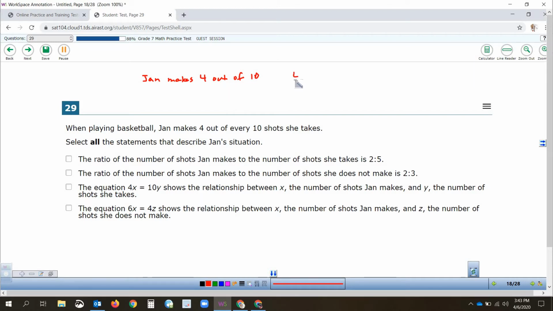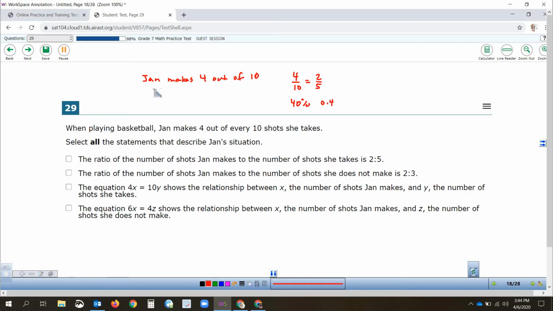So if I were to write that ratio as a fraction, 4 out of 10, I know that 4 out of 10 can simplify to 2 out of 5. So maybe one of the questions below will ask if there's a relationship here, 4 out of 10 equals 2 out of 5. All right, I also know that I can make that a percent. Don't know if I'm going to need it, but 4 out of 10 is 40%. I also know as a decimal, it is 0.4.